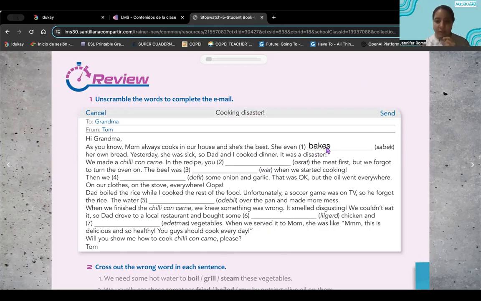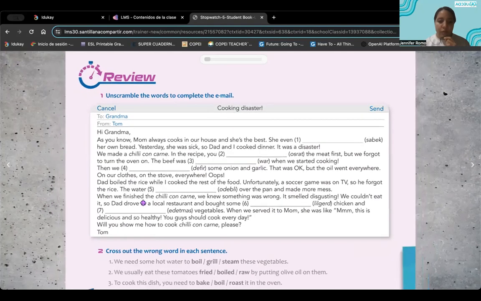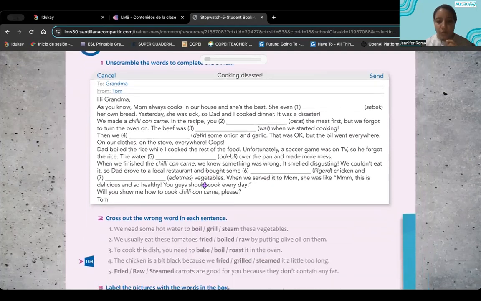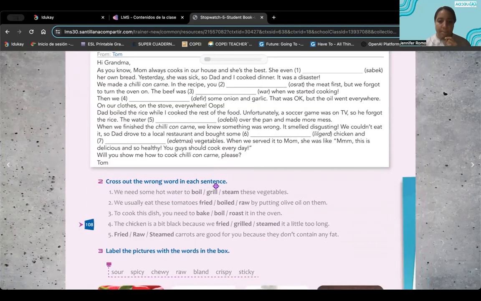Okay, I give you the example here. You have to read and put the words in the correct order, for example, I put here, bakes. Perfect.